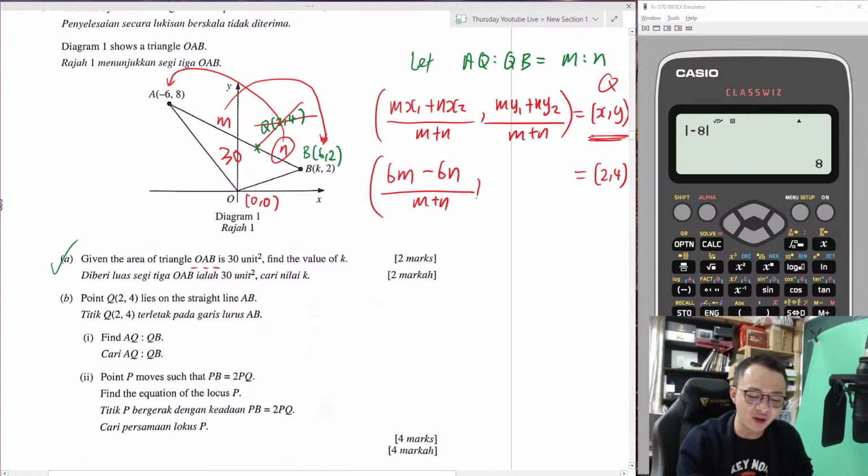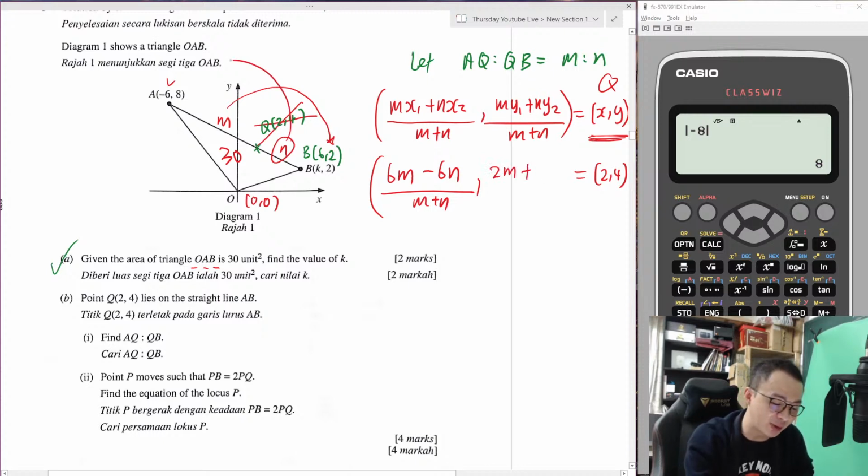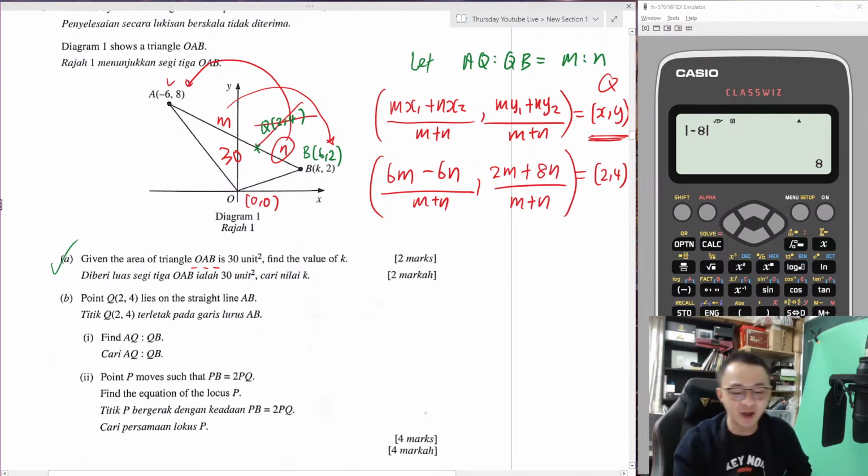Then if you understand the logic, I will use the same logics to find my Y value. So I will use the M to multiply my further Y value, which is 2M. Plus, I will use the N to multiply further Y value, which is 4N, divided by M plus N. Okay, in order to get the ratio, you just need to take either X or Y to find the ratio.